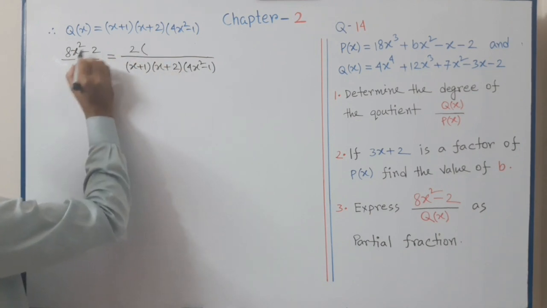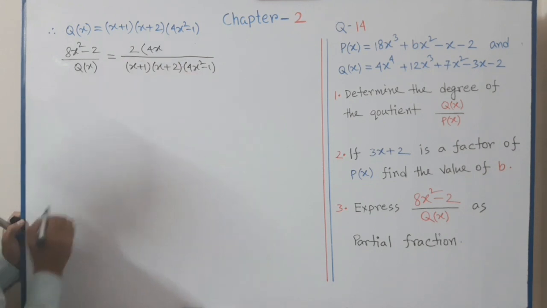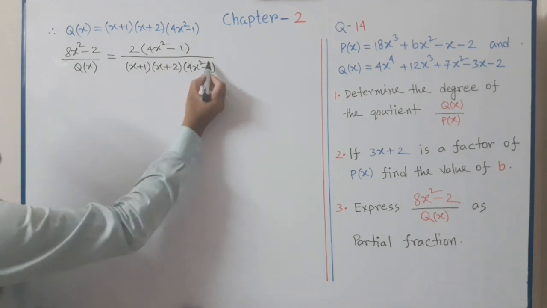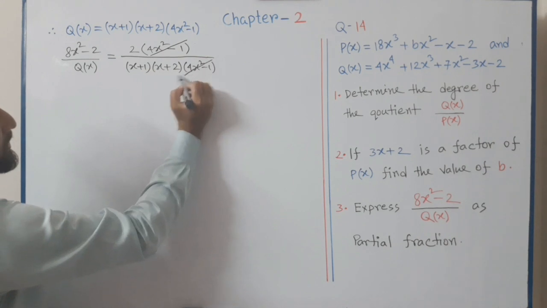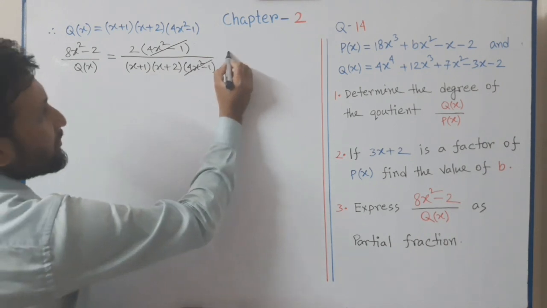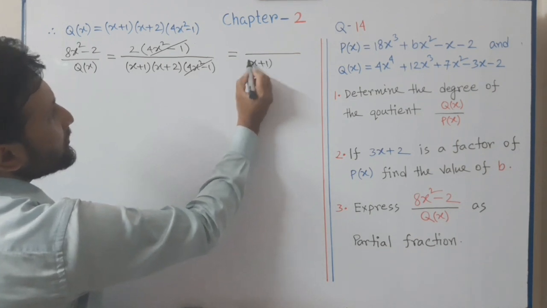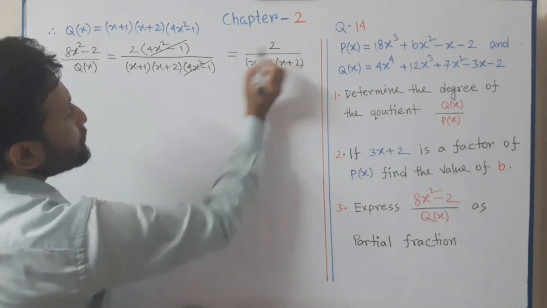So 8x square, if we take common 2, then 4x square and then minus 1. So in numerator and denominator the common factor 4x square minus 1 and 4x square minus 1 cancel. So now the rest is x plus 1 into x plus 2, and then in numerator here 2.